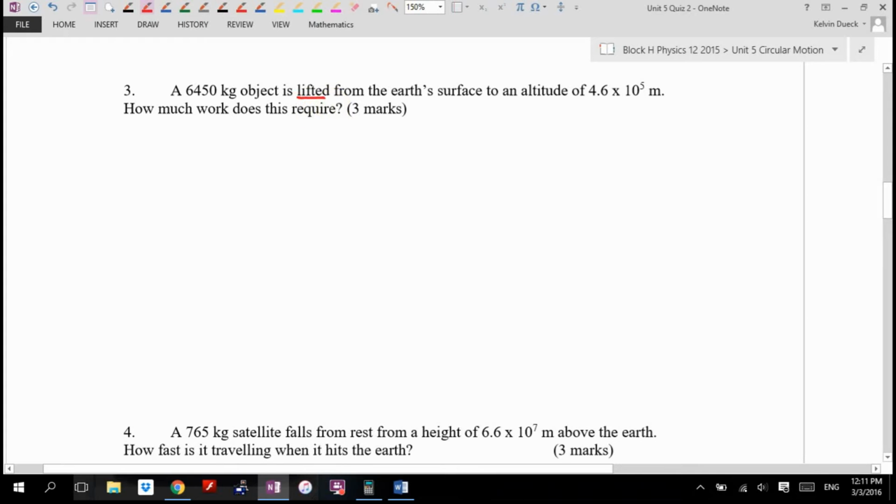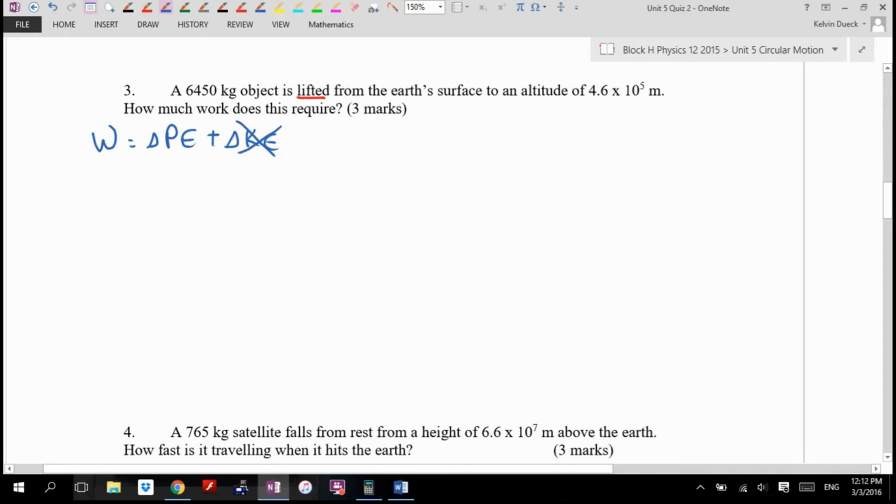Lifted. Does this question say that we're put in orbit? Kyle, does this question say that we're put in orbit? No, just lifted. So I'm going to start out with how much work. I'm going to say work equals change in potential plus change in kinetic.